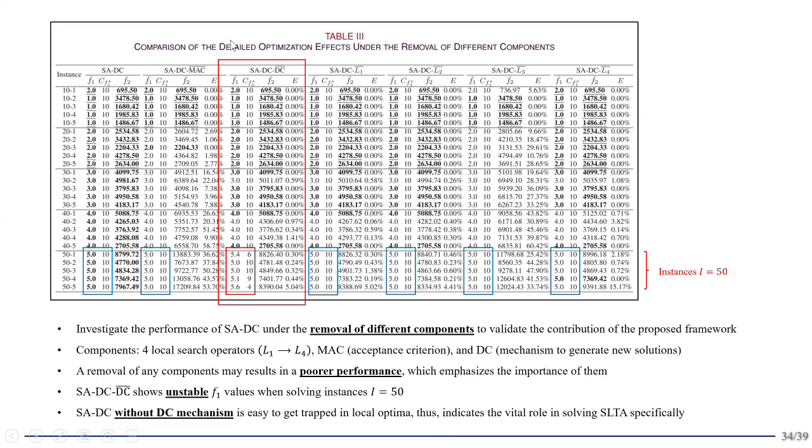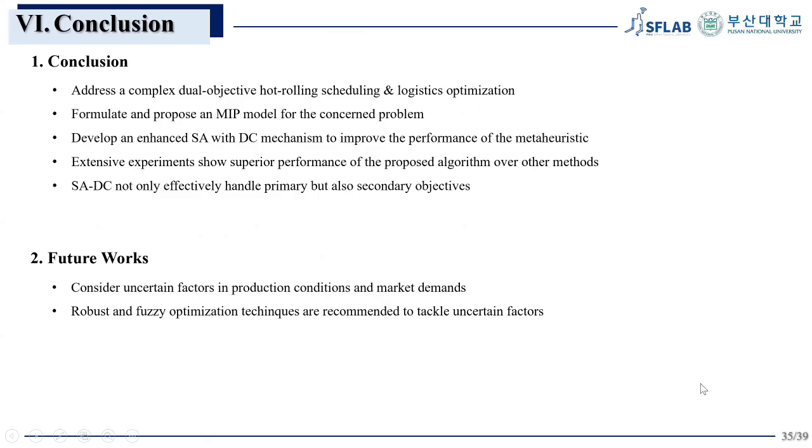In other instances, it achieves minimum F1 value 10 out of 10, but as the problem size increases, it can only achieve the minimum F1 value for 6 or 9 or 4. So we conclude that SADC without the DC mechanism easily gets trapped in local optima, indicating the importance of the mechanism in solving the SLTA problem.